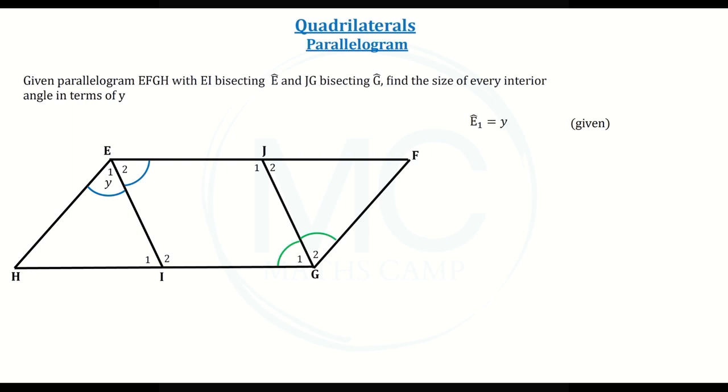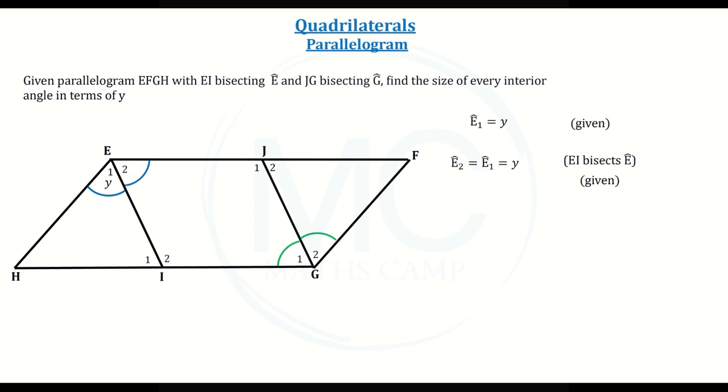We know that angle E2 is equal to angle E1. So both of these angles are equal to Y. And we know this because EI bisects angle E. And this information has also been given to us in the question.